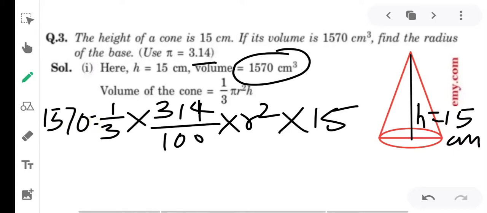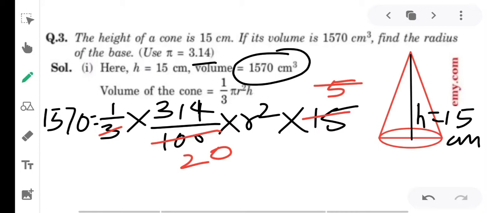So here what we can see, if we cancel out the 15 by 3, right? So that would be 3 5s are 15. So it is cancelled out 5 times, right? And if we cancel out the 5 and 100, we will get 20 over here, right? If we break the 100 into 5 pieces, we will get 20, right?